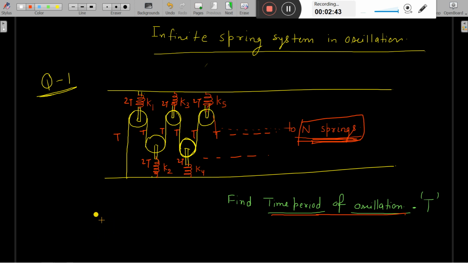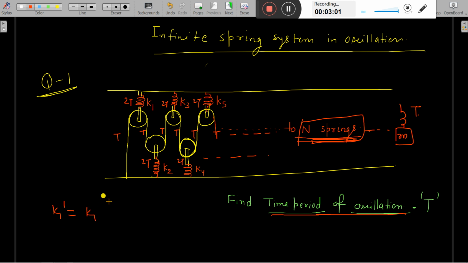The nth spring has a block of mass M connected by a string having tension T, and each spring k1, k2, k3 has tension T by 2. So what is k1 dash here?